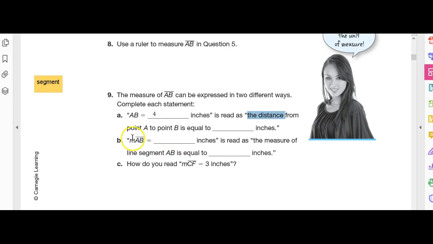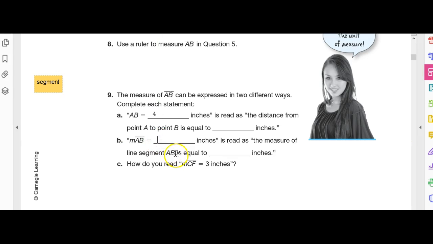Now over here, the measure of that segment, this is the property of the segment. It says AB, but that little m in front of it means the measure of segment AB. So that means I'm going to be talking about its property, the measure of it, and that's going to be 4 inches. I'm having trouble with the text tool.